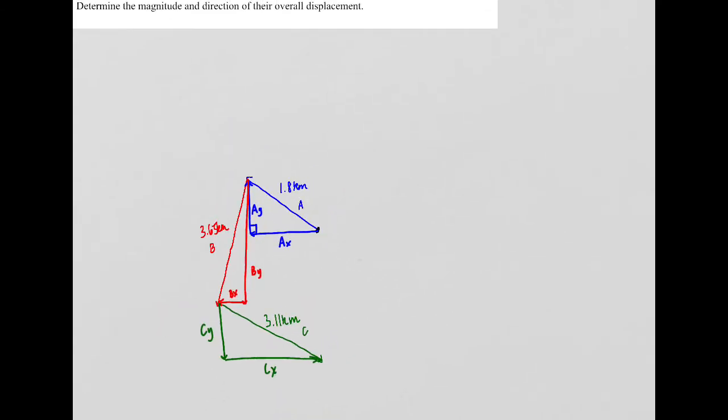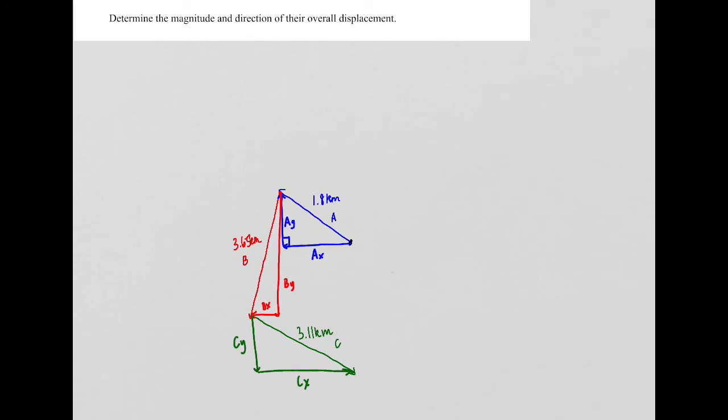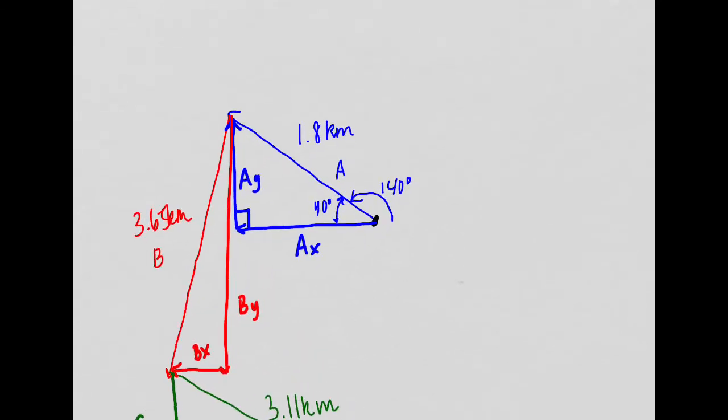We knew that this was 140 degrees counterclockwise of east. This was such a nice problem. Oh, it's so beautiful. Which means that theta is 40 degrees. This angle is 40 because 180 minus 140 is 40. So we have a 40 degree angle.